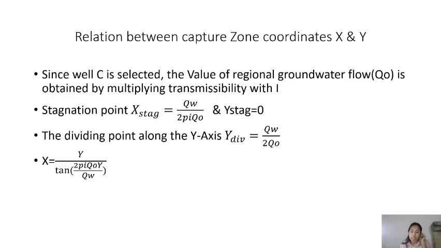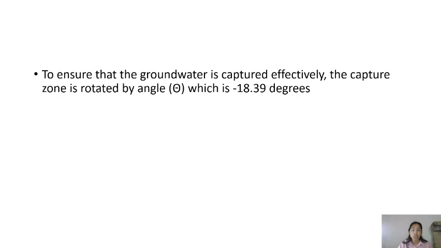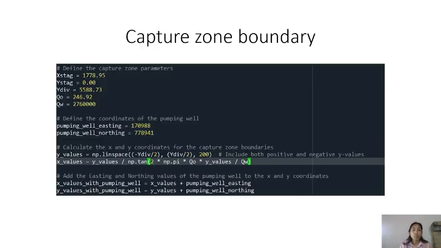For determining the x and y values, we are going to use Python code. For finding the capture zone boundary, first of all, we take the constant values of x stag, y division, Q naught, and Qw.